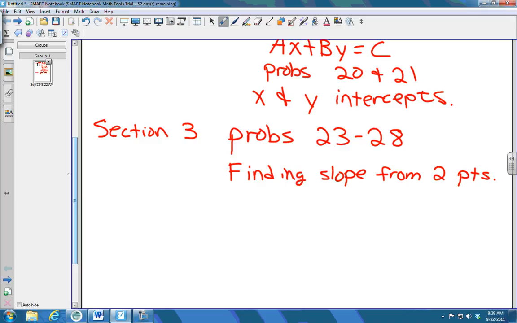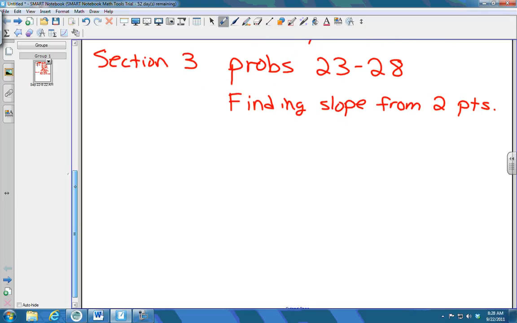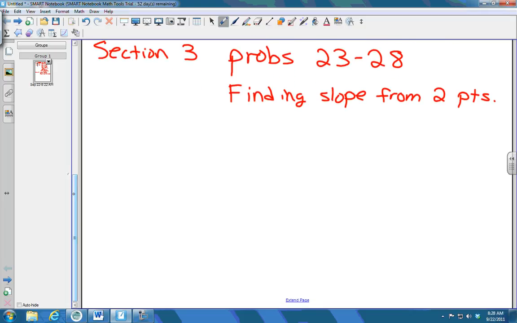You will have to know the y2 minus y1 over x2 minus x1 formula and how to use it. For 25 and 26, you're going to graph that point given, then you have to count the slope. Up 2 over 1, down 1 over 4, whichever way it is, you have to be able to do that. Same with 27 and 28.